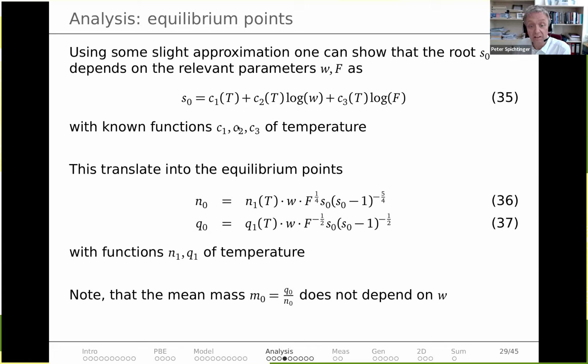And you can translate everything into the number concentration and the mass concentration with some other functions, and you realize again the vertical velocity and the sedimentation factor come into this. The funny thing is that if you calculate the mean mass, the vertical velocity cancels out, which is kind of weird because you would expect that it should change with a different vertical velocity regime, but it's not the case.